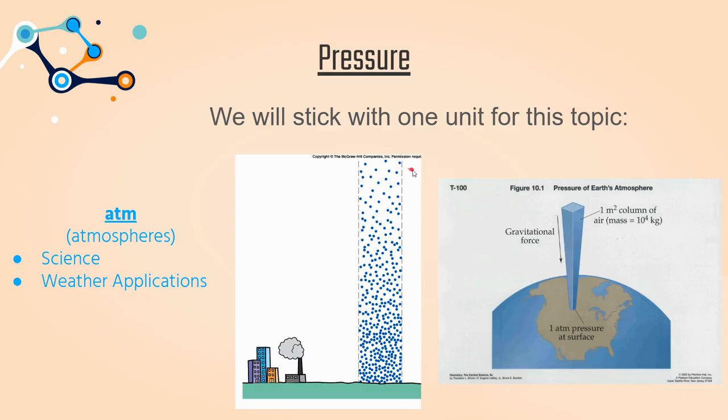What this is showing is that at high altitudes, high up in the atmosphere, there are fewer gas particles, and so the pressure should be lower for the reasons we talked about earlier. But as those gas particles stand on top of one another, they basically squeeze the gas particles closer together when they're closer to the Earth's surface, resulting in a higher pressure, which, like I said, we define as 1 atmosphere, or 1 ATM.